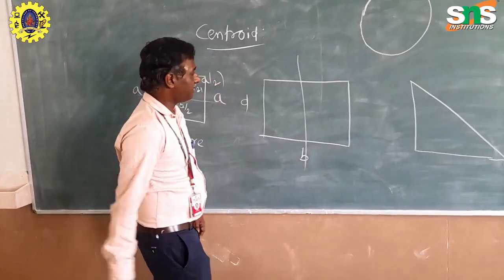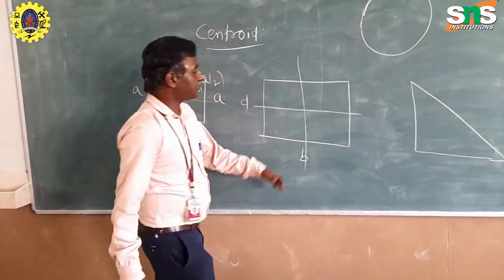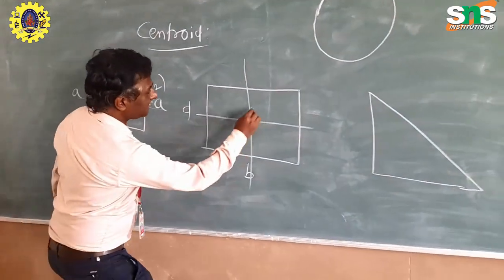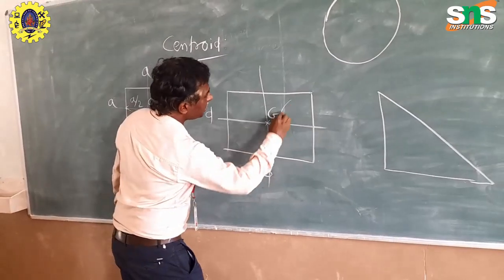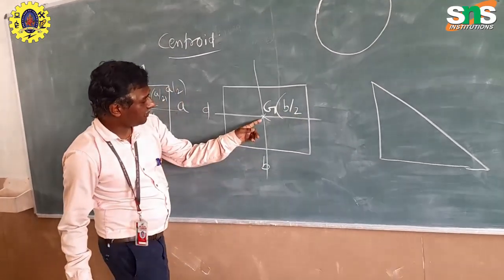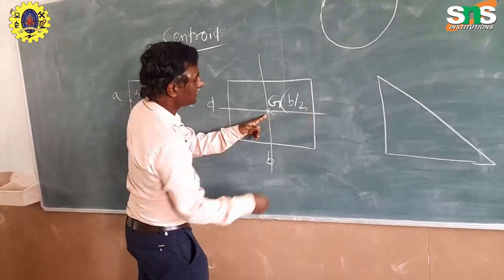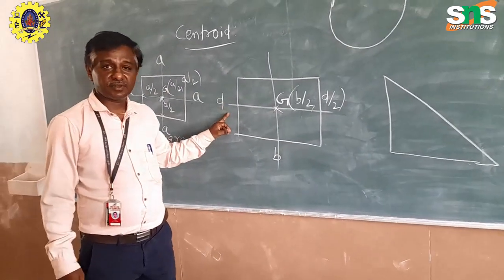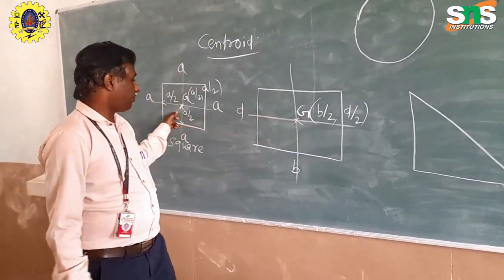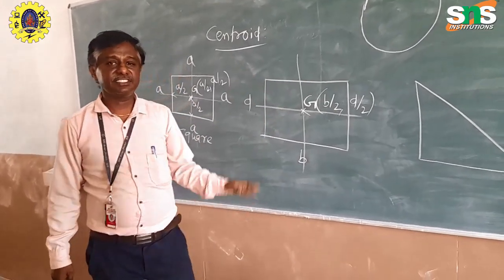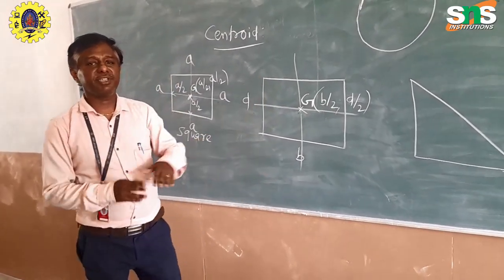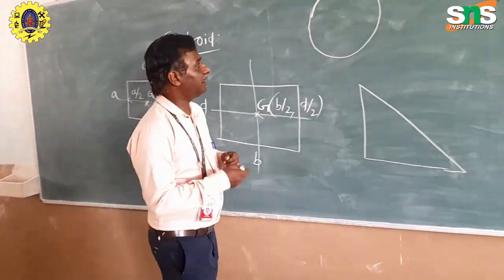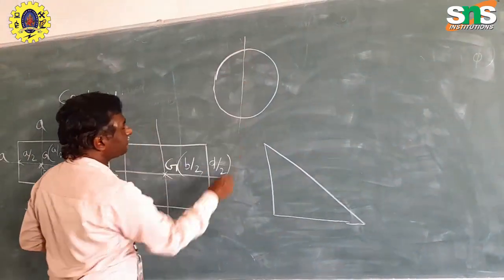Both will have this symmetry, as well as horizontally, both axes are symmetric. So this point must be called the centroid, and it must be the center point of the horizontal dimension as well as the vertical dimension, at half of the distance, d by 2. So the center point for square and rectangle, since it is two axis symmetry, the center point in x axis as well as y axis must be the centroid.